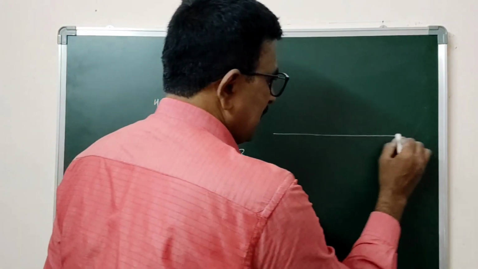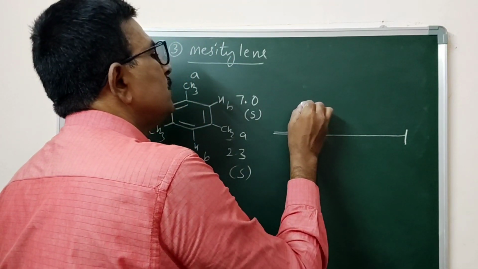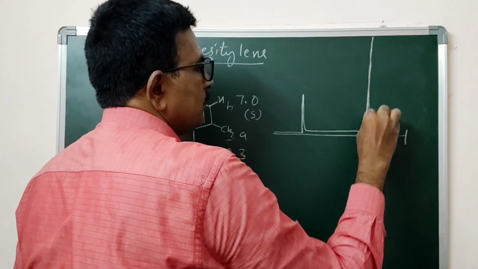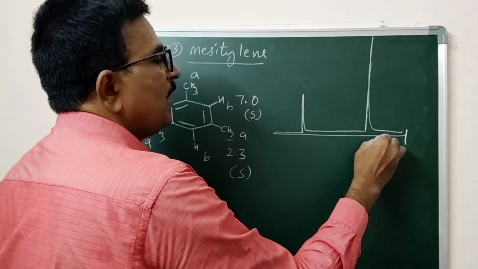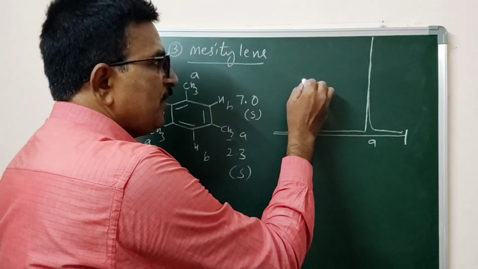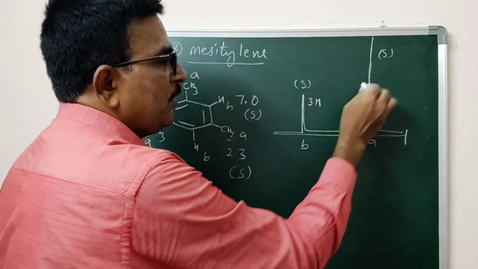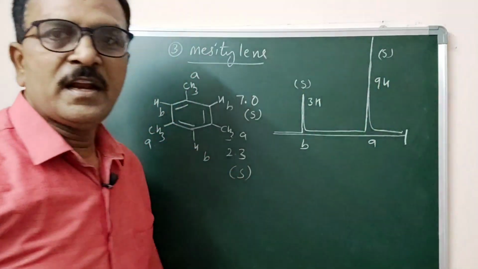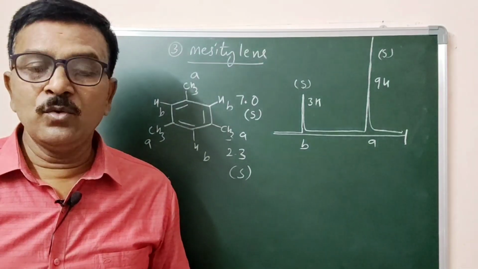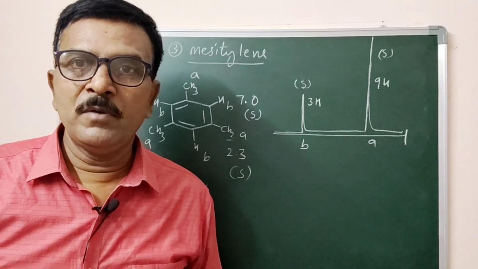It can be represented as aromatic protons and then methyl protons. This is the A set of proton signal and B set of proton signal. Singlet for aromatic, singlet for this. This is the intensity of 3 hydrogens. This is the intensity of 9 hydrogens. It exhibited a simple spectrum as there is no spin-spin coupling. This is about the mesitylene proton NMR spectrum.